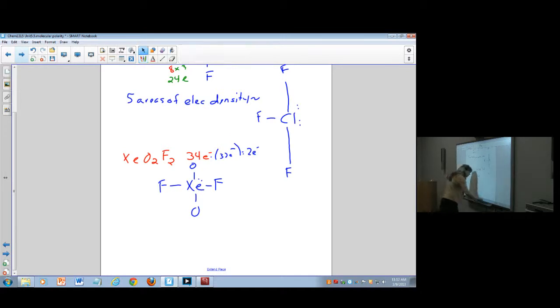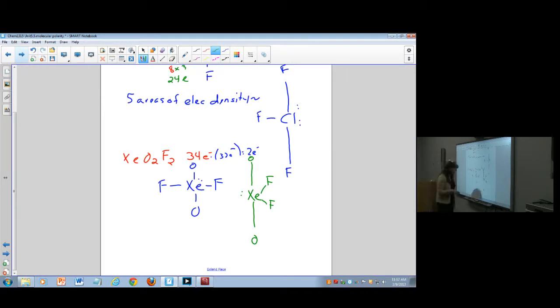So, you know there's 5, and for right now it doesn't really matter which way you put F's and O's. That doesn't really make a difference right this minute. But I'm going to put the O's way out here on the axial plane, and then I'm going to put the F's here a little closer to indicate my equatorial plane, and then this ends up getting the extra pair of electrons.